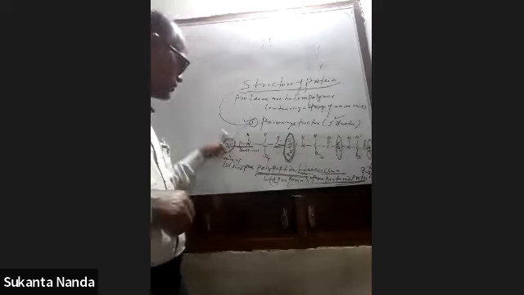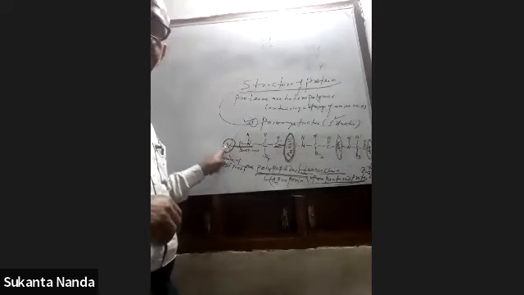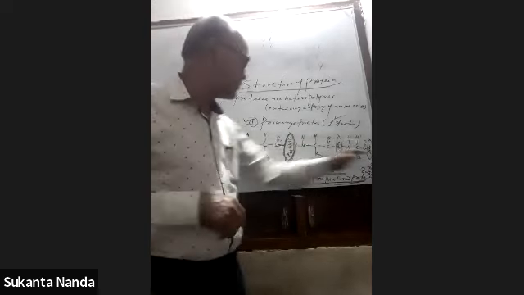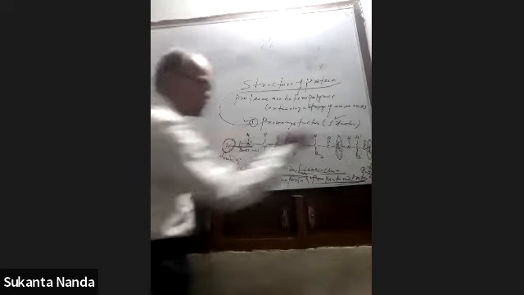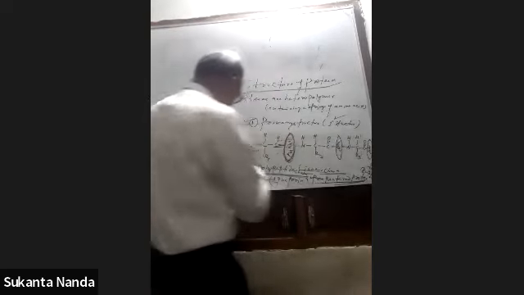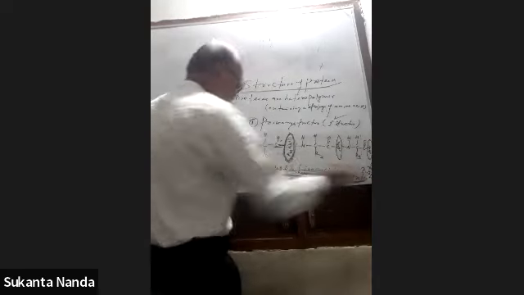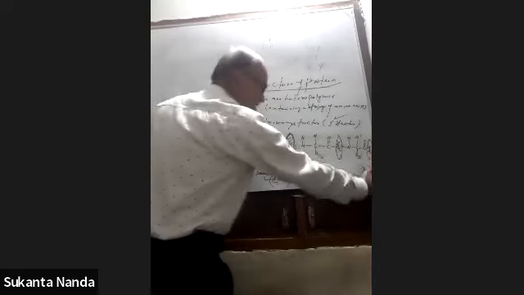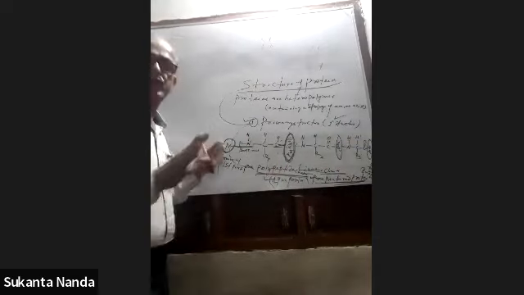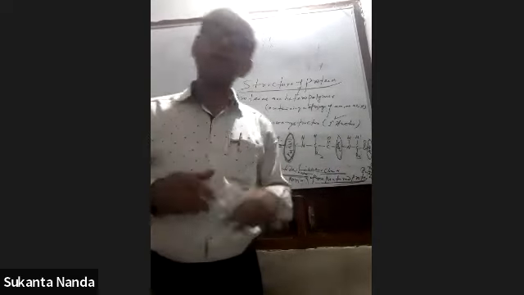So the amino group is taken as N, and the carboxyl group is the C-terminal. That means it starts with the amino group and ends with the carboxyl group. So N-terminal, C-terminal. This is about the primary structure of a protein.